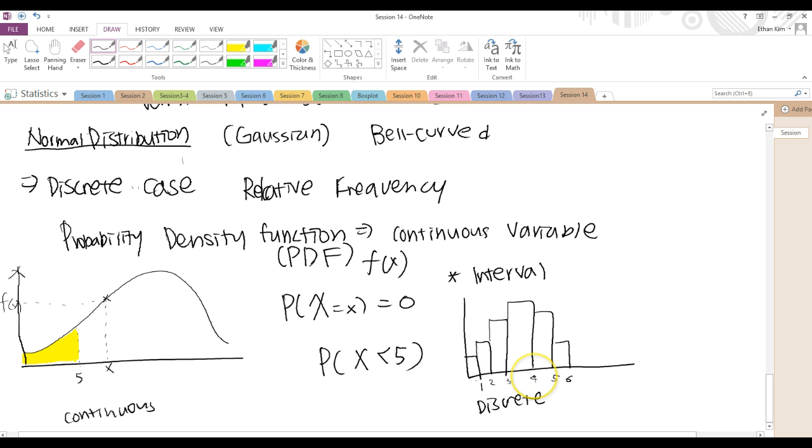When x is 5, the value of the bar here is the probability that x equals 5. And you would just add them up for x less than or equal to 5. But for the continuous case, we always look at the area under the curve of the probability density function. So that's something to note.